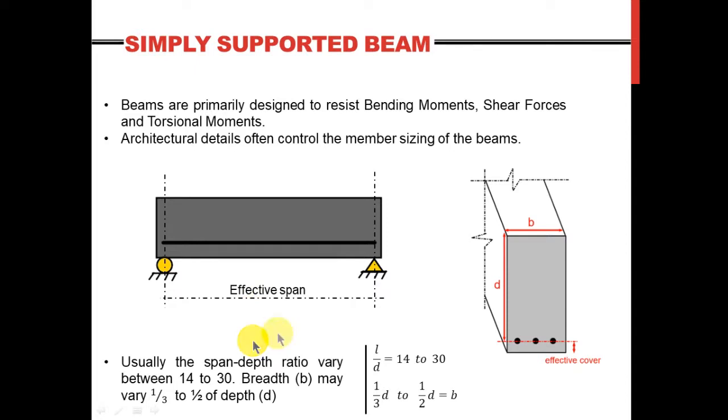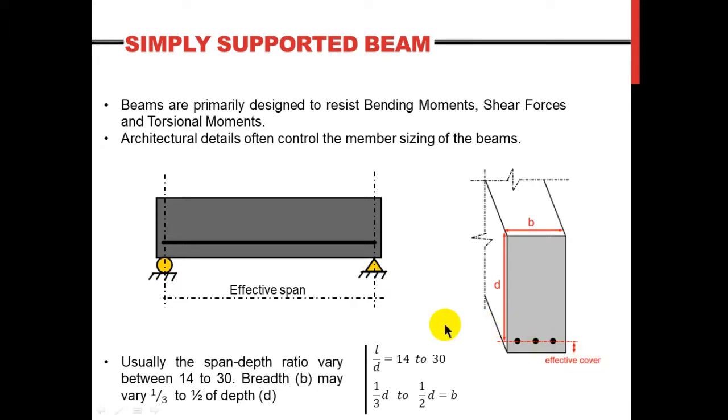And you will have to make up the dimensions of your beam. That is, you have to define the b, you'll have to define the d, and there are so many things that you will have to define.